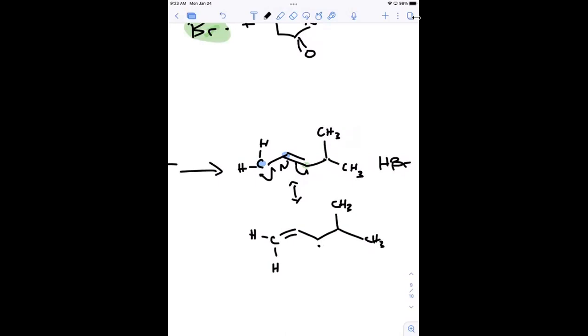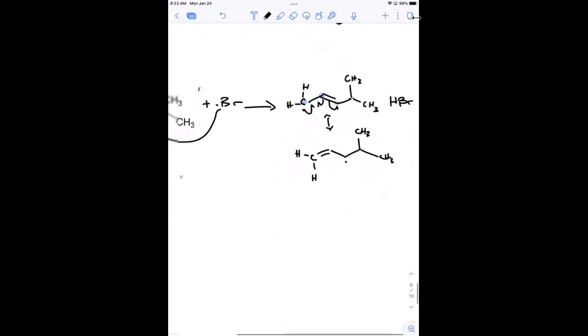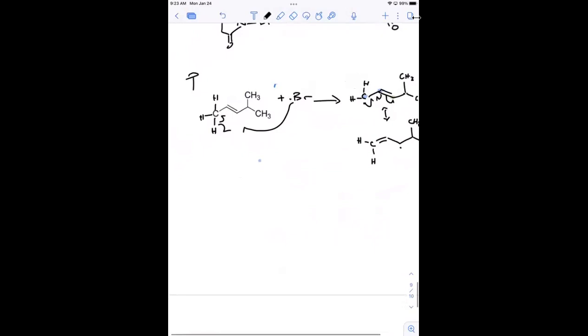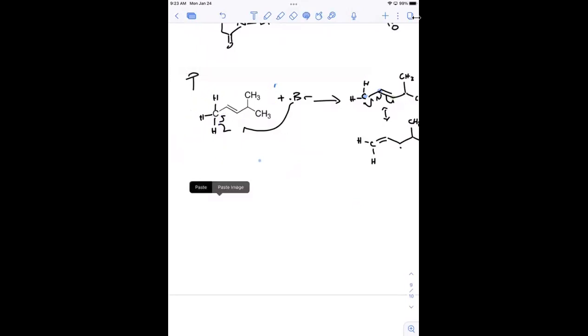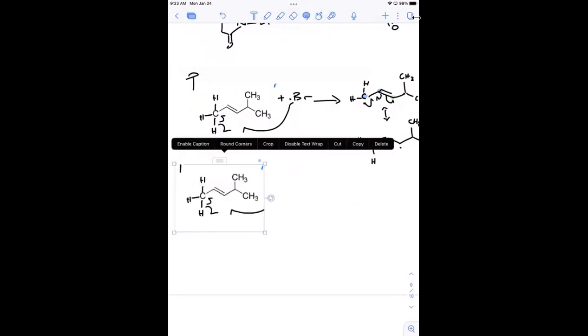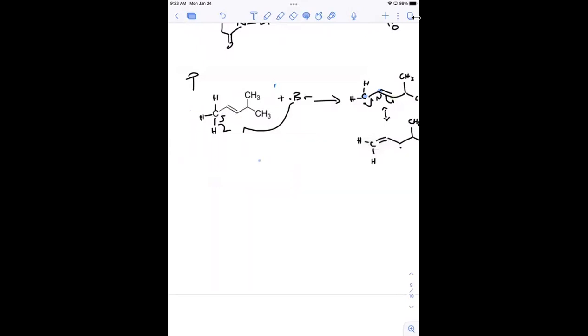All right. Now let's look at the other hydrogen, which is right here. Let me see if I can steal this. Nope. All right, I'll just redraw it.